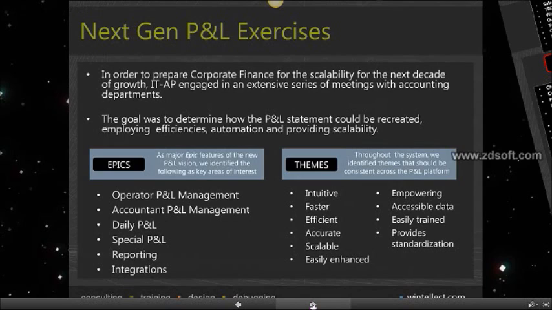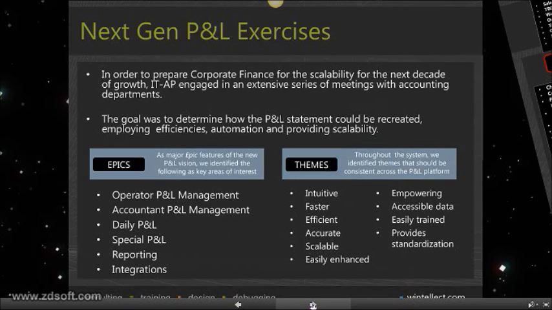And in Agile, we have these things called epics and themes. And epics are really big scenarios, and themes are qualities that go all throughout the scenarios. So epics, if you can imagine, are almost like silos.